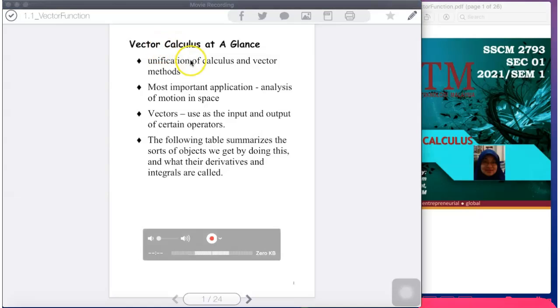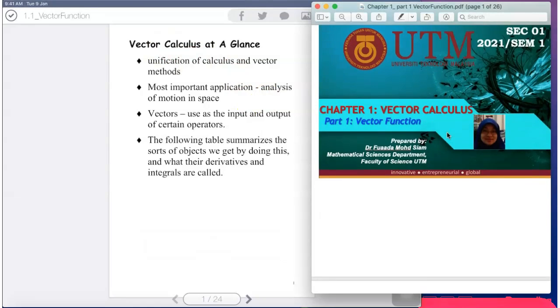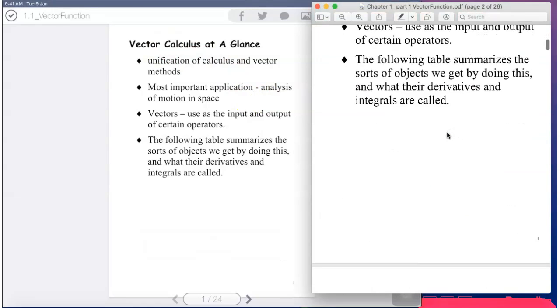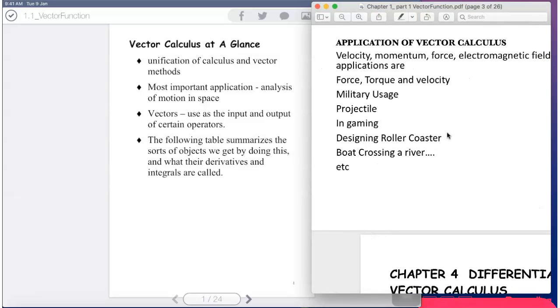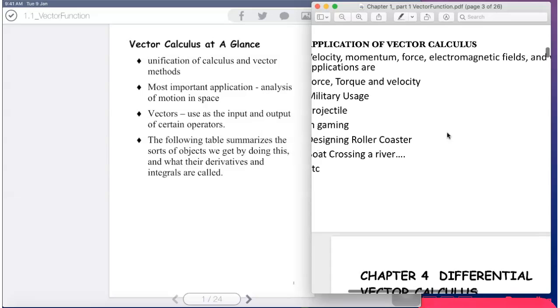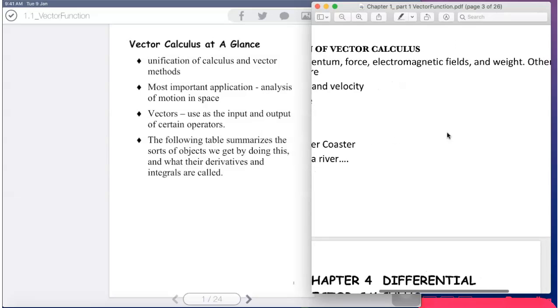Okay, so what real life examples can we have? Vector calculus can be implemented in order to get velocity, momentum, force, electromagnetic field, weight.